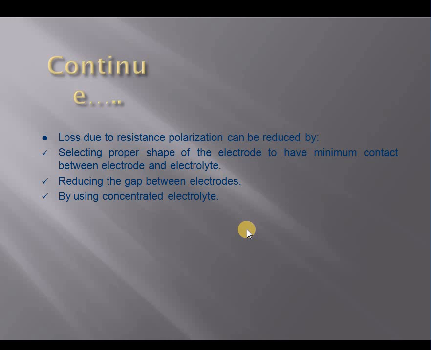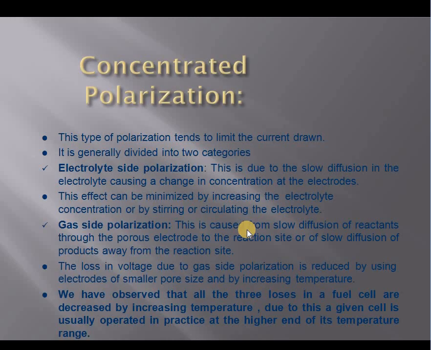By reducing the resistance, reducing the distance between the electrodes, and increasing the temperature. The losses due to resistance polarization can also be reduced by selecting a proper shape of electrode, minimum contact between the electrode and electrolyte, and reducing the gap between the electrodes.